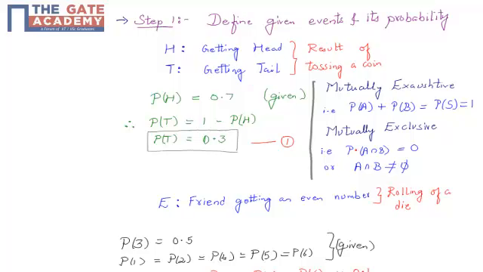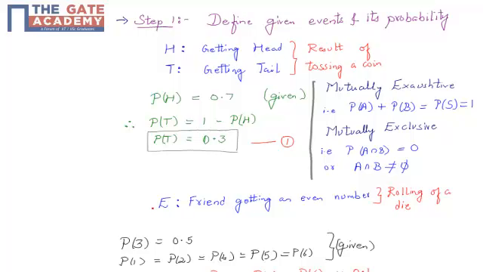That is, probability of A intersection B is equal to 0, or I can say that A intersection B would be a null set. In our case, probability of H intersection T would be 0. So using these 2 conditions, we can say that probability of T would be equal to 1 minus probability of H, that is, probability of T would be equal to 0.3, since probability of H is equal to 0.7.